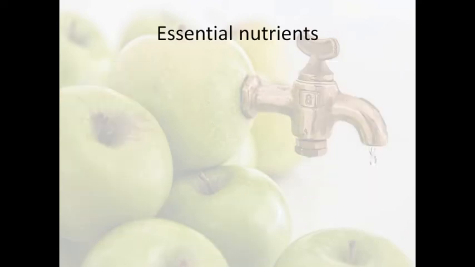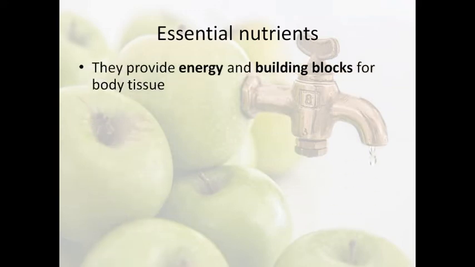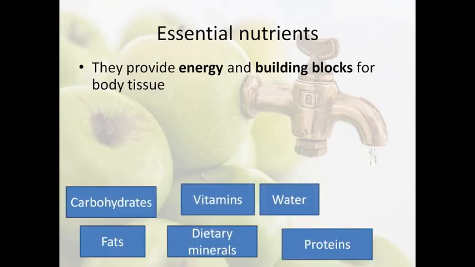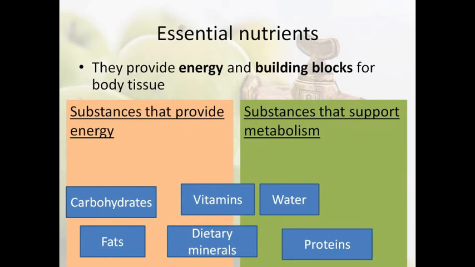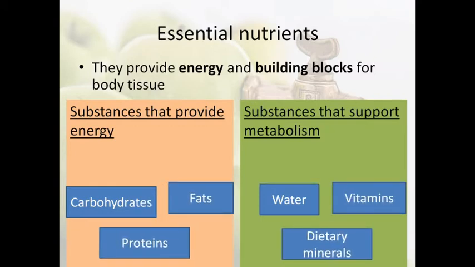So we get some nutrients from food too. Food provides us energy and building blocks for body tissue. And these are the essential nutrients. We have carbohydrates, fats, proteins, vitamins, water, and dietary minerals. And we can divide these into substances that provide energy and substances that support metabolism, like this.